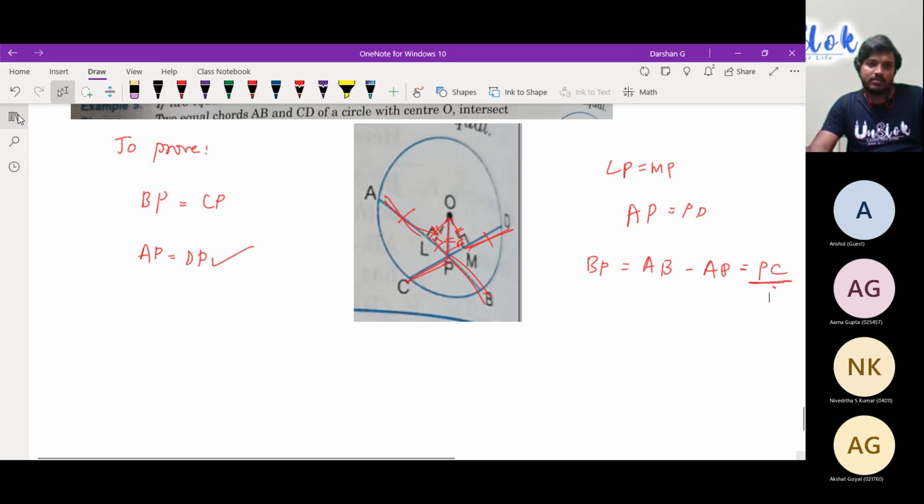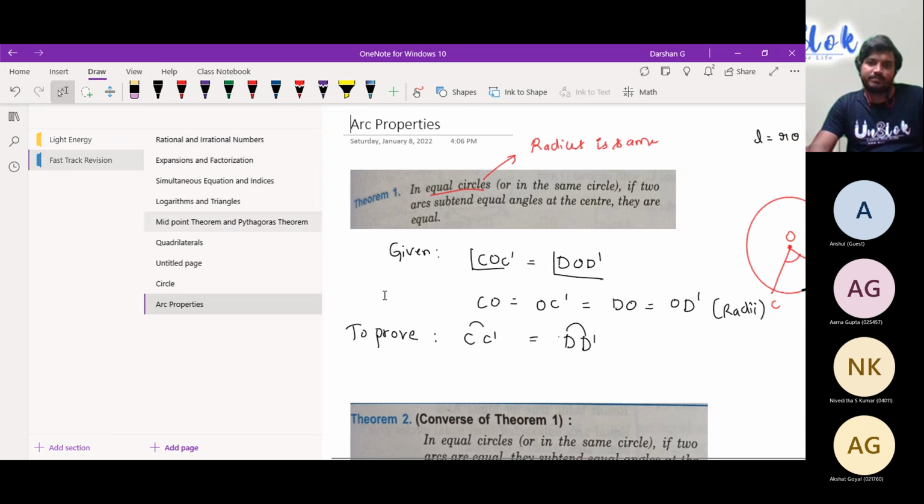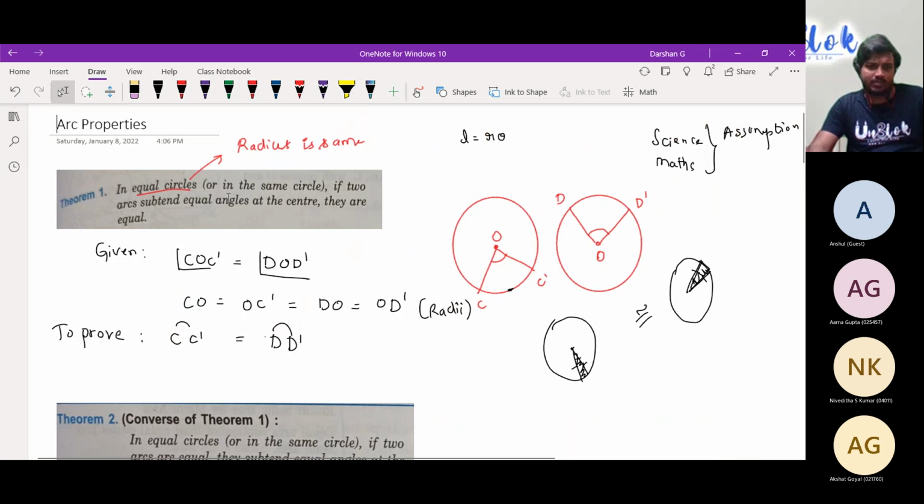That is the arc properties. Okay, the first theorem. We are concentrating on theorems very fast, and then we will move ahead with the problems. In equal circles, we have equal circles here. If two arcs subtend equal angles at the center, they are equal. So basically, we have to prove that C dash is equal to D dash.